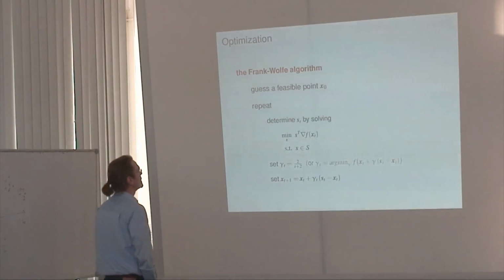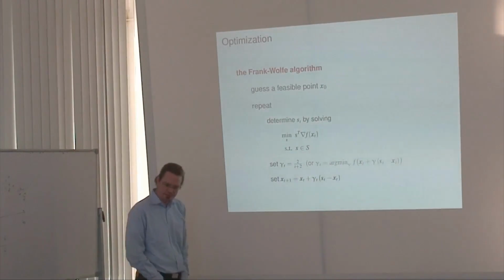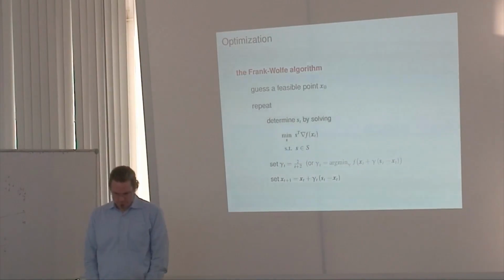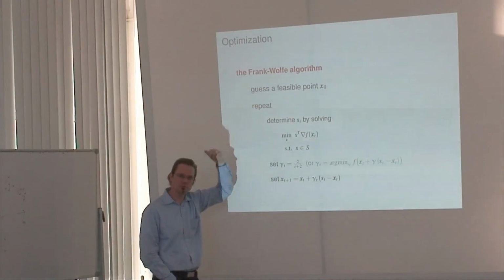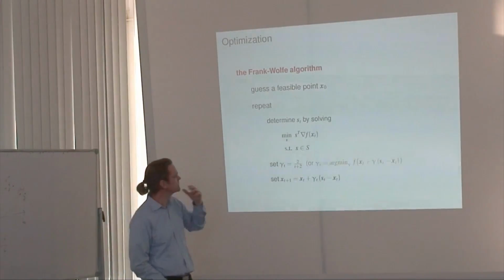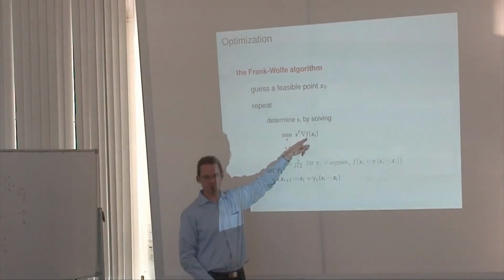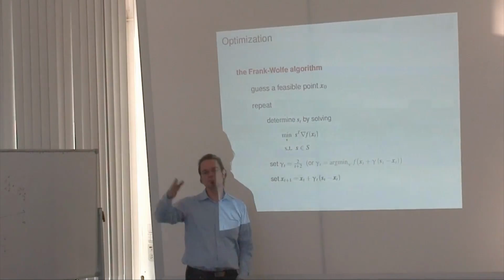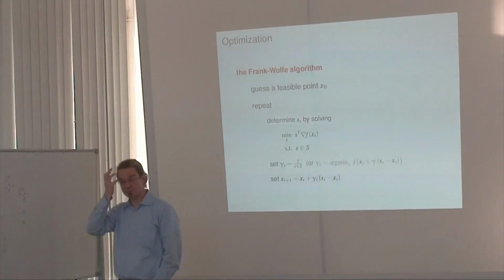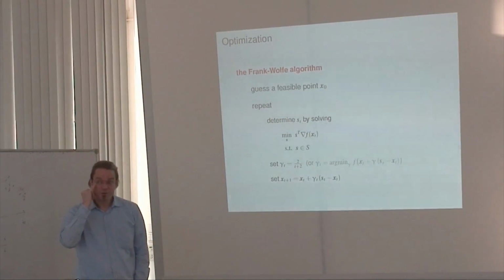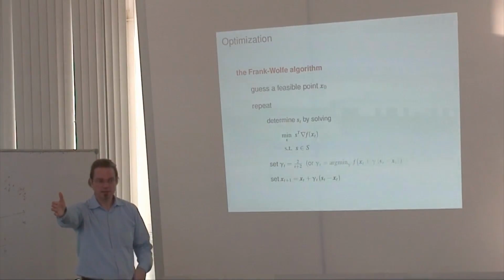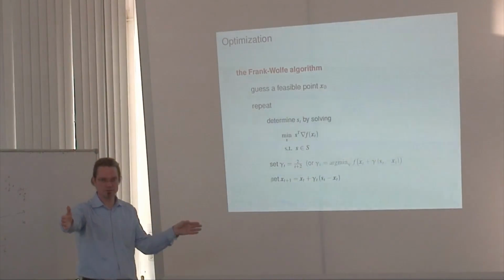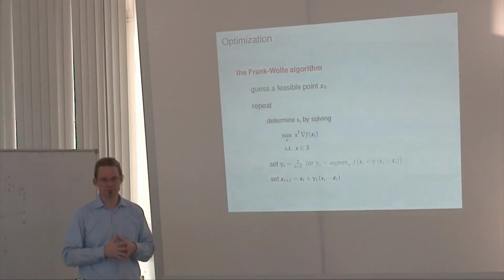Here is how the Frank-Wolfe algorithm does that. We guess some solution. Once we have that solution, we enter a loop. We can compute the gradient. The gradient may point outside of the feasible set. So we can now compute the inner product between the gradient and any point inside our feasible set.